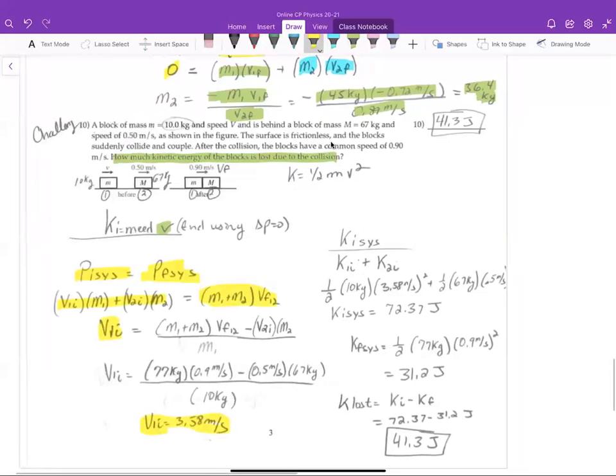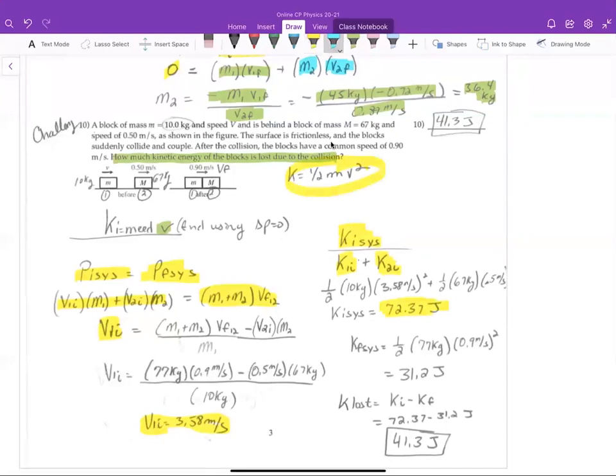Now that I know that, I can calculate the initial kinetic energy of the system. Kinetic energy of object 1 plus kinetic energy of object 2 before the collision. So plug in using the equation, kinetic energy equals 1/2 mv squared. Do so for each object, add it together. The initial kinetic energy was 72.37 joules.